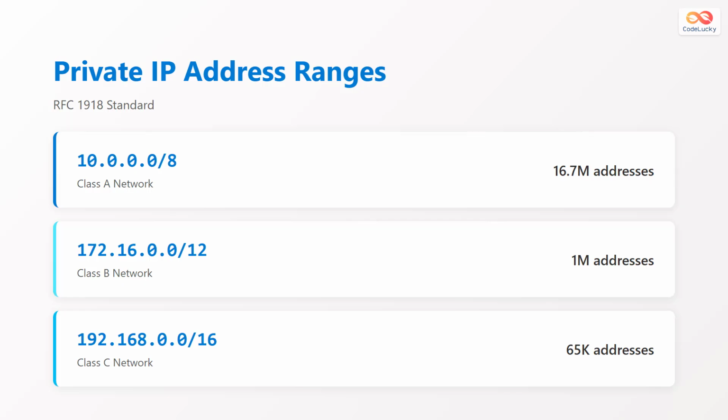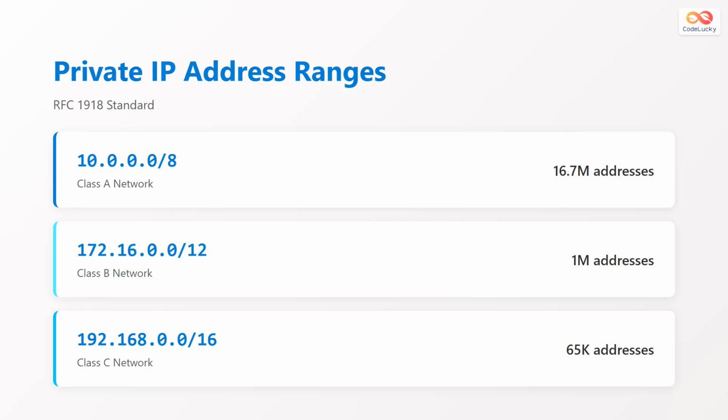Azure Virtual Networks use private IP address ranges defined by the RFC 1918 standard. There are three primary ranges available. The Class A network, 10.0.0.0/8, provides over 16.7 million addresses, making it suitable for very large deployments. The Class B network, 172.16.0.0/12, offers approximately 1 million addresses for medium to large environments.